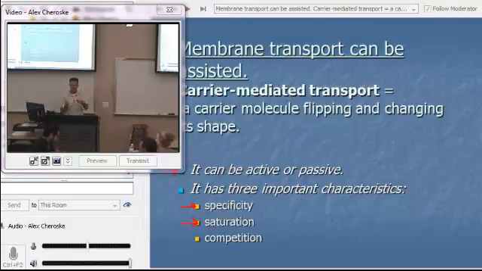They get saturated. They can only do so much. And then there's competition, too. In terms of old people, right, they're all fighting to get escorted first because they want to get to Old Town Buffet earliest at 3 o'clock, right? But they can all go according to that Cub Scout. There are receptors that can bind multiple molecules, but if there's a lot of them, then there can be competition for transport that way.